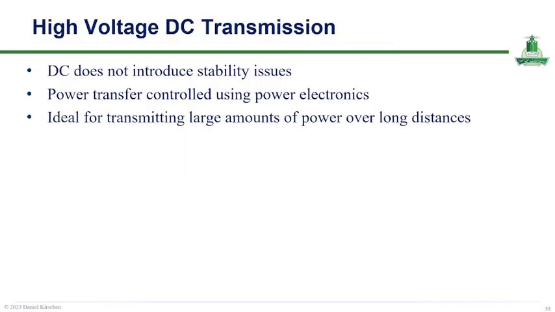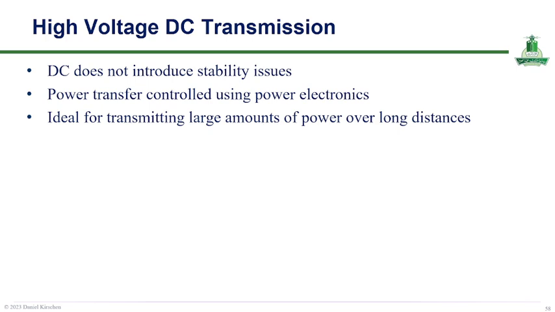This slide introduces high voltage DC transmission as an effective solution for long distance power transfer. Unlike AC systems, DC transmission does not suffer from transient stability limitations caused by rotor angle dynamics.